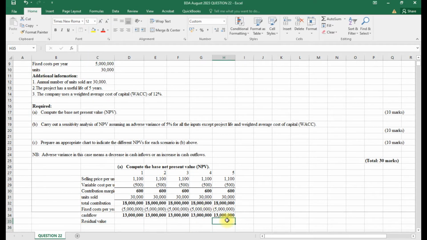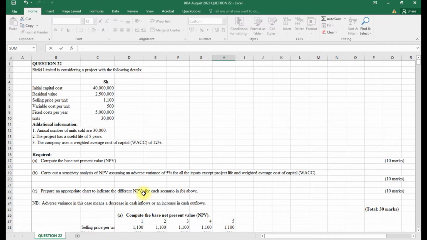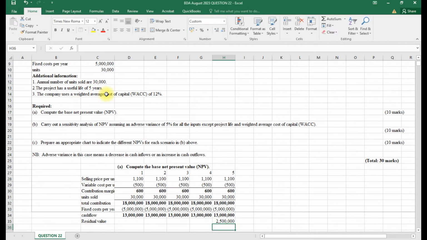Here, this is where I'll add my residual value of 25 that way. And our net cash flow, or our annual cash flow, just call it annual cash flows, shall just add, so this will be equals to this value plus this value.